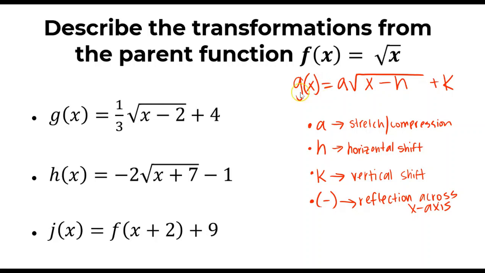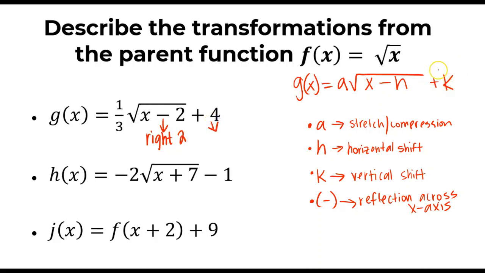So take a moment and write the transformations of each function here. So I'm just going to start off with what I know. If I have x minus 2, anytime we have subtraction with the x, that is a shift to the right. It's like the opposite of what you would normally think. So x minus 2 means I am moving to the right 2. A plus 4 on the outside.